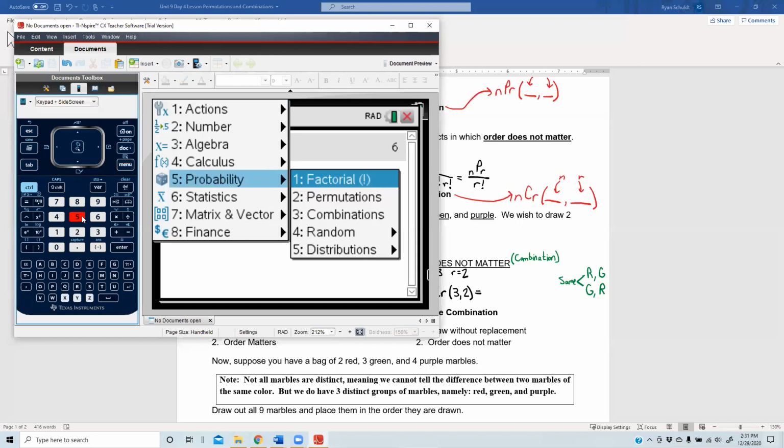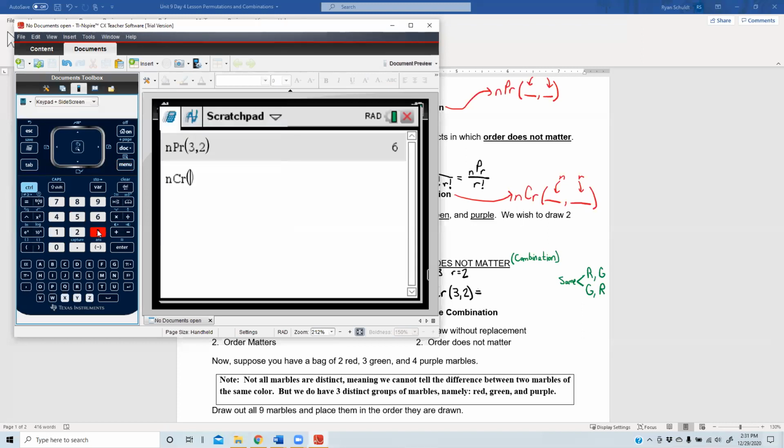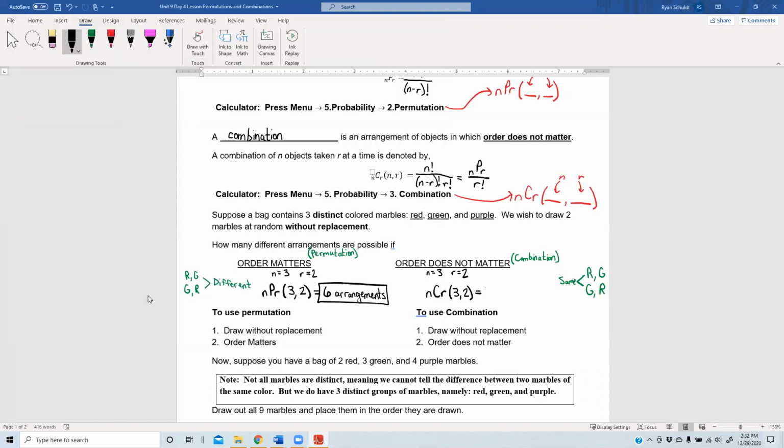So 5, combination is 3. Menu 5, 3. We have to do 3, 2 in the parentheses. Now it tells us there's 3 arrangements. That's our answer here. There's 3 arrangements.